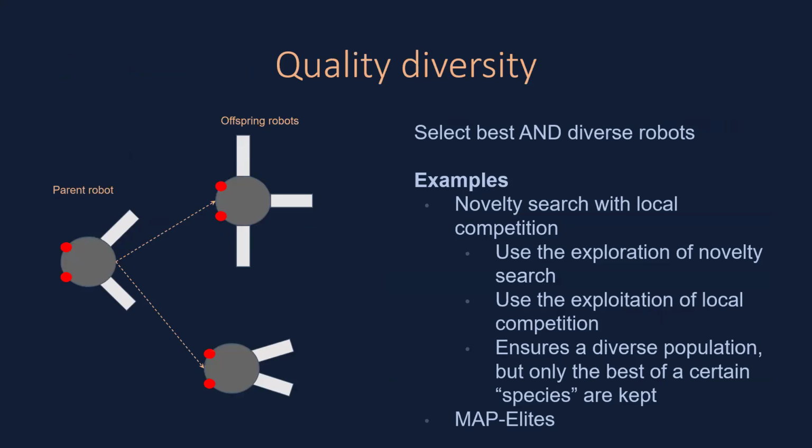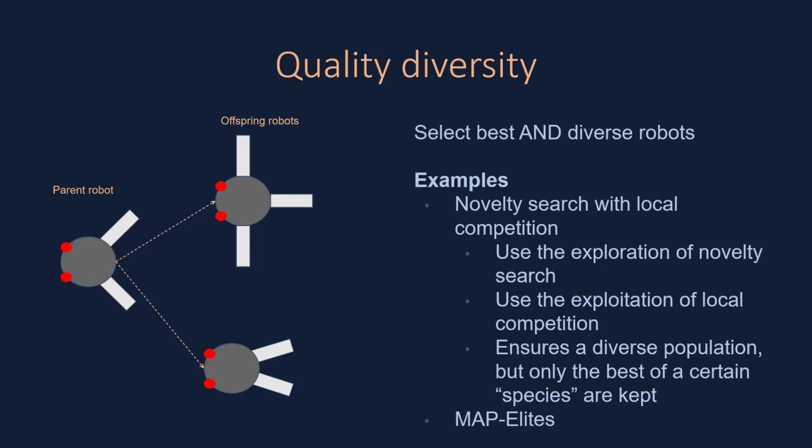So you select the best and diverse robots, and there are some examples for this. One of them is novelty search with local competition. This means that you select on the novelty. So again, in this case, you will select the most novel robot. But if you have robots that are similar to each other, they will compete with each other.